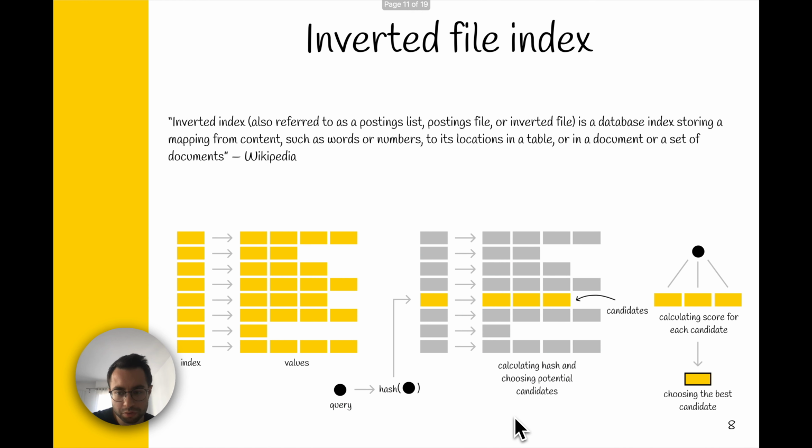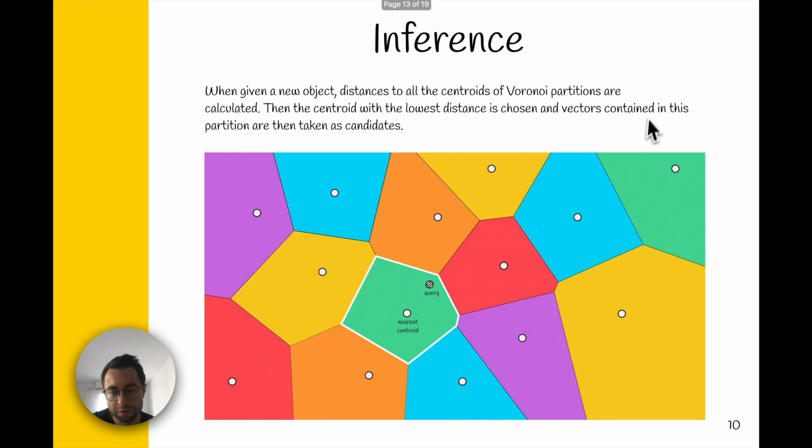And we want to use Voronoï diagrams as this hash function that will allow us to take the query and point it to one of the indexes in this table, which will then allow us to retrieve a set of candidates. Here's how it works. Imagine that we have a query point. We calculate its distance to each centroid of the Voronoï regions, and then we find the nearest centroid.